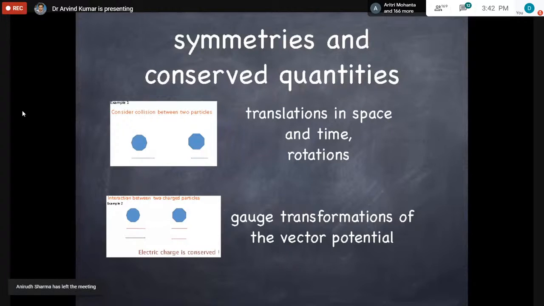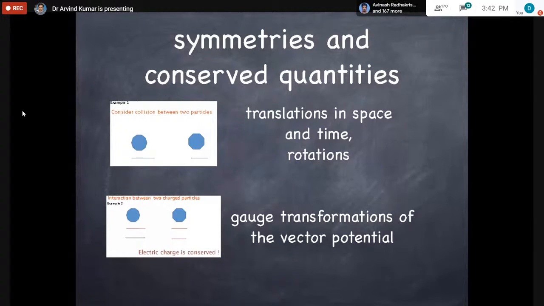Now, what does conservation of electric charge mean? The electric charge involves some rotations, these are called phase rotations. You have heard about the vector potential in electromagnetism. There are something called gauge transformations of the vector potential. You can always transform it with a derivative of a scalar field.